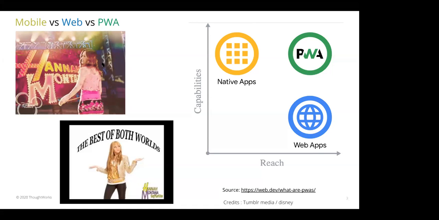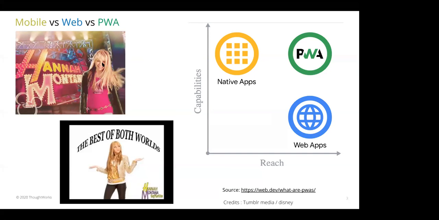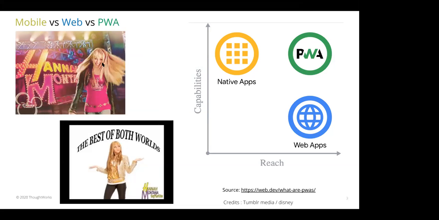Reach means you can simply share a lot of things, and these are readily available on a variety of laptops or any office setups. But PWA comes in as the middle ground, where you don't need the Play Store or App Store, and you would still leverage location or other native features. So it's kind of the best of both worlds.